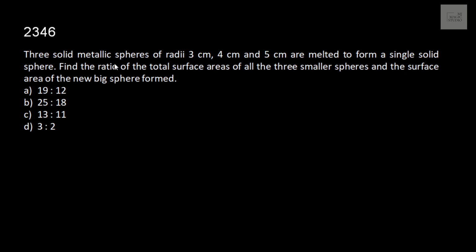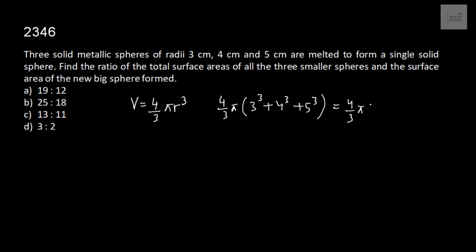Three solid metallic spheres of radii 3 centimeter, 4 centimeter and 5 centimeter are melted. What is the volume of a sphere? Volume of sphere is 4 by 3 pi r cube. That means if 3 of them are melted and form a single solid sphere, we can say that 4 by 3 pi times (3 cube plus 4 cube plus 5 cube), the volume of the 3, must be equal to 4 by 3 pi r cube, the volume of the new sphere.